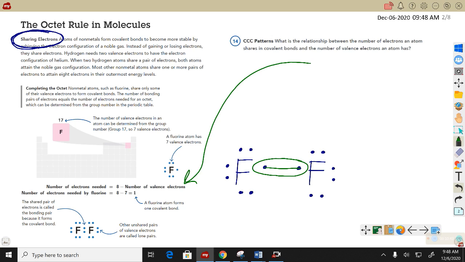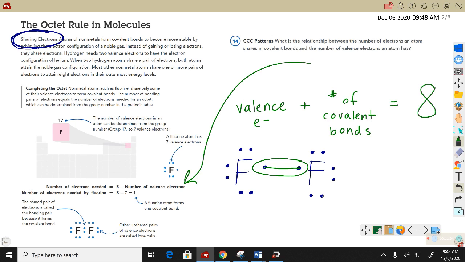So you could write it numerically: valence electrons plus the number of covalent bonds should equal 8. They're showing it down here too, in a slightly different way: if I've already got 7 valence electrons, then I need to make one bond so that I can get to 8. So the halogens are likely to make one covalent bond.